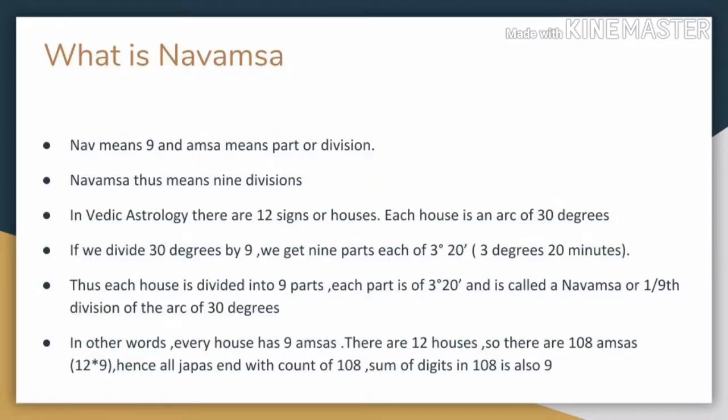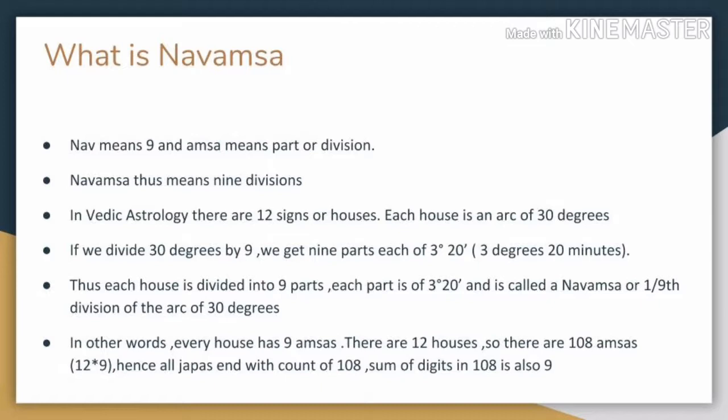Now that you know the importance of the number 9, let us now try and understand what exactly is Navamsa. The word Nav means 9, and Amsa means a division or a part. So Navamsa thus means 9 divisions.